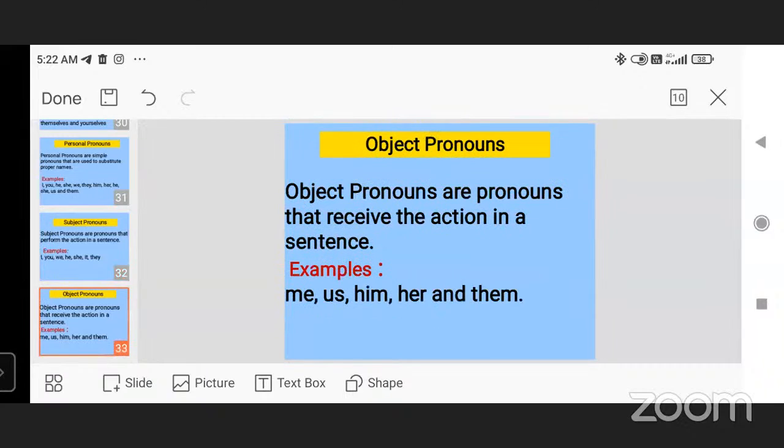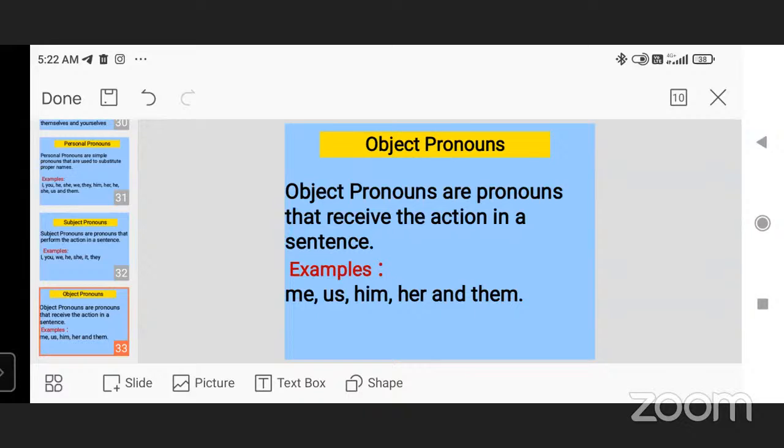Objective pronouns are pronouns that receive the action in a sentence. As I told you already, in "I like you", you can be anybody. I'm just saying it is the receiving person. I like you very much. So "you" is an objective pronoun. She hates me.